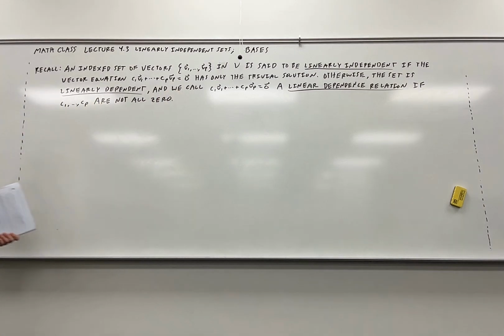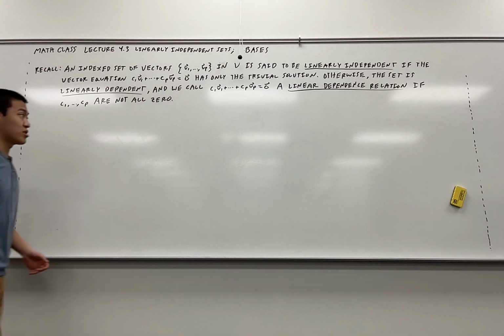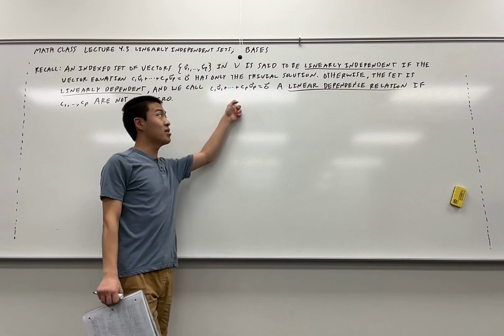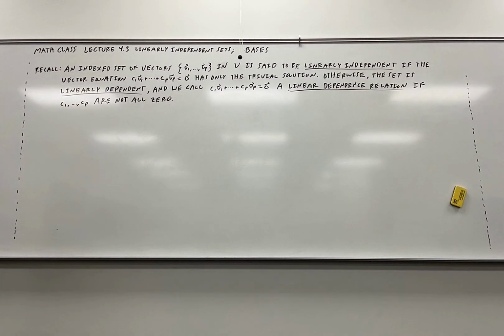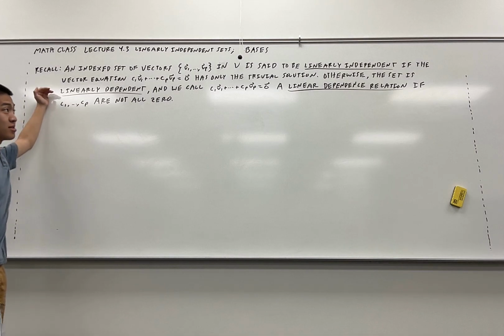In other words, if there's a non-trivial solution to the homogeneous equation, then writing out what those weights are is what we call the dependence relation, meaning that the set would be linearly dependent.